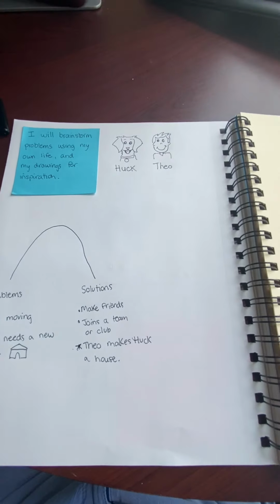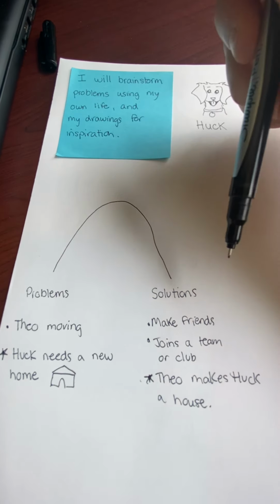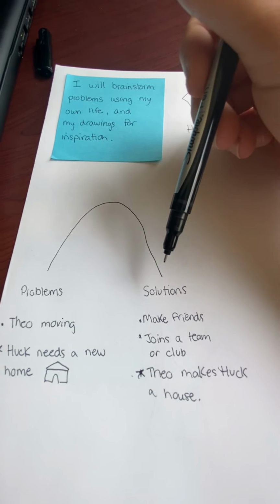Now, one tip that can help you is after you've generated your possible problems or conflicts and solutions, talk out your story with either a friend, maybe your teachers during office hours, or your parents, because talking through your story will help you generate more ideas and to see possible problems that you may have in your story mountain. It will help you fill in more information and fill in the gaps that you're missing for your possible story ideas. So I hope you enjoy this process.